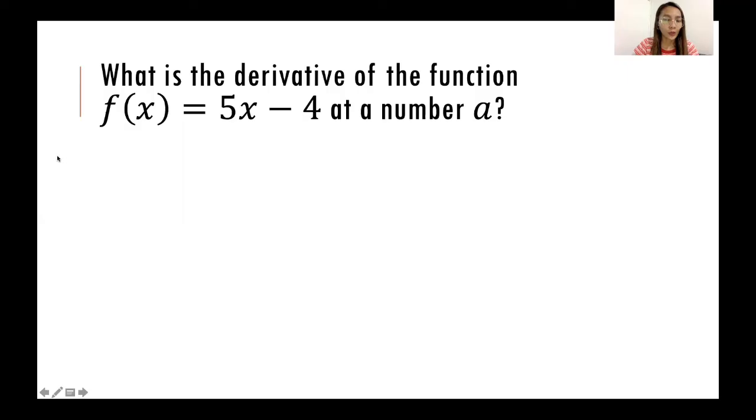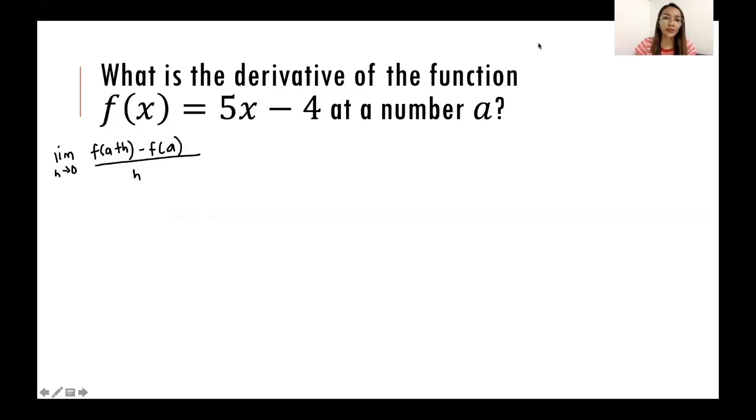I am going to apply the first definition, which is the limit of f of a plus h minus f of a over h as h approaches 0.